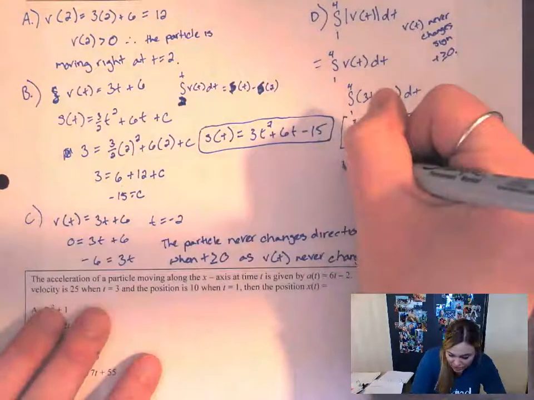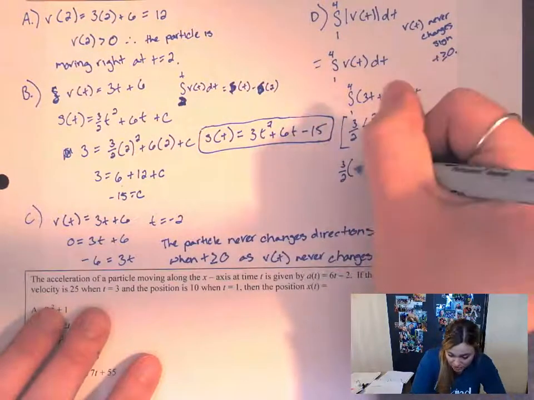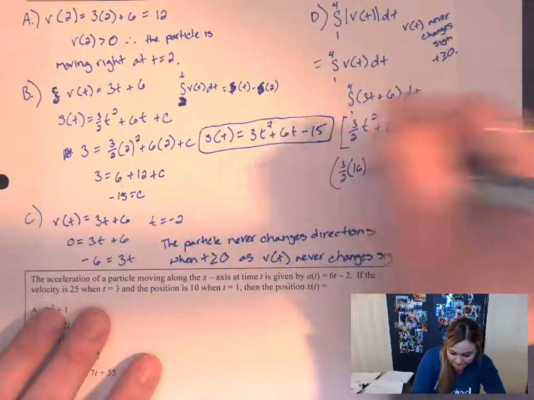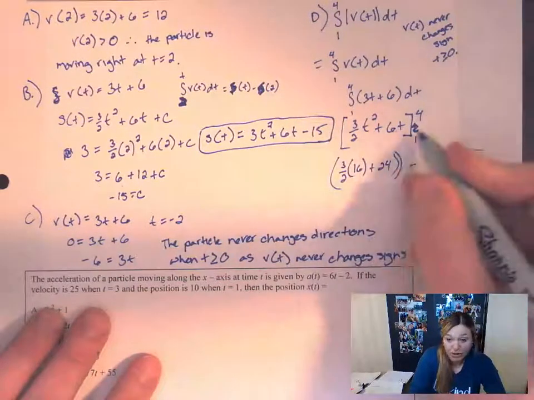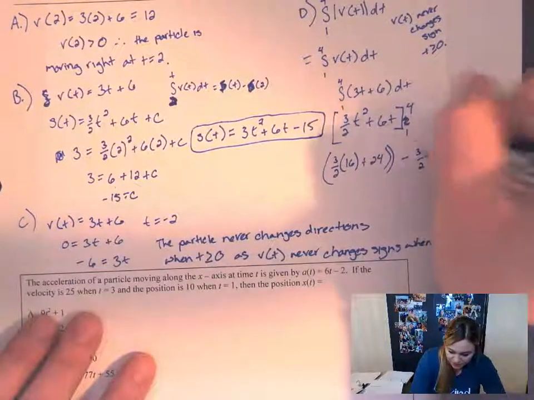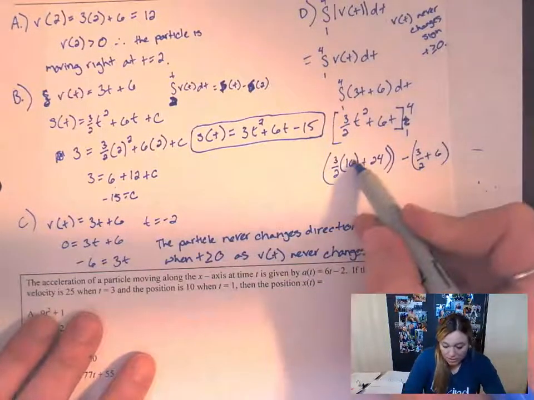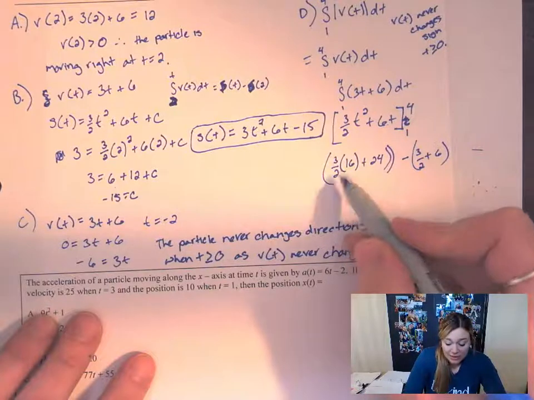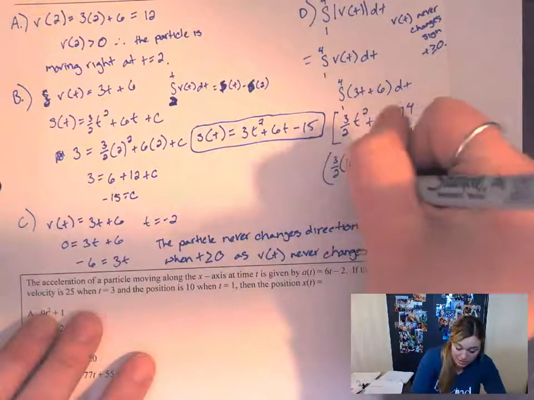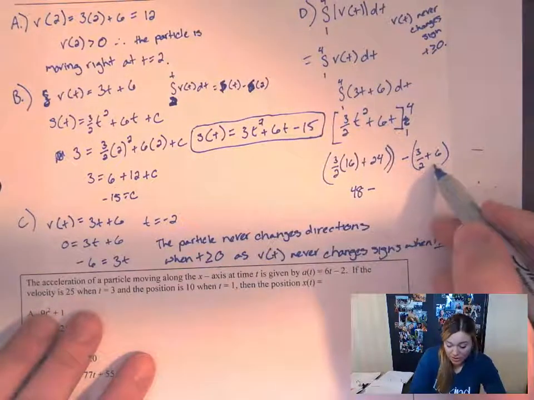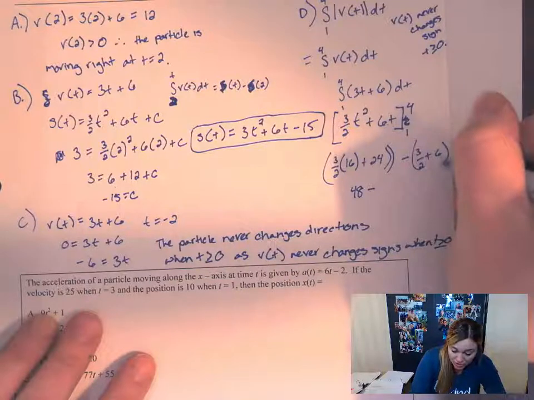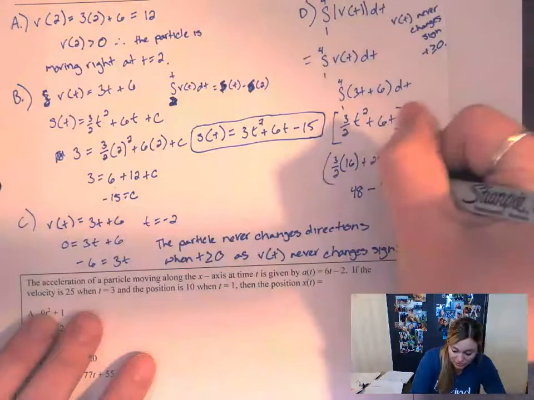So I've got 3/2 times 4 squared, which is 16, plus 6 times 4, which is 24. Substitute in 1, you'll get 3/2 plus 6. 16 divided by 2 is 8, times 3 is 24. 24 plus 24 is 48, minus 3/2 plus 6, which is 15 over 2.